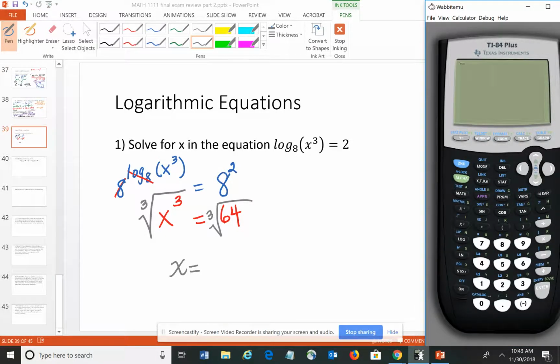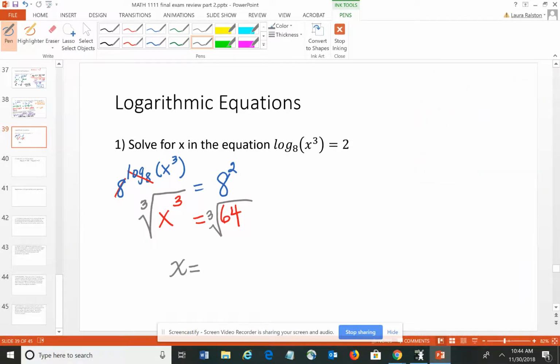To do the cube root, we press math, we choose option 4, put in 64, and enter, which gives me a value of 4. Now, you might be able to do that one in your head because you're trying to figure out what number you multiplied times itself 3 times to get 64. So our answer is 4.